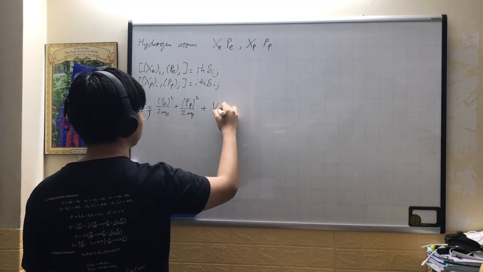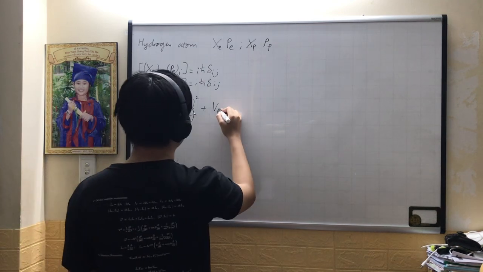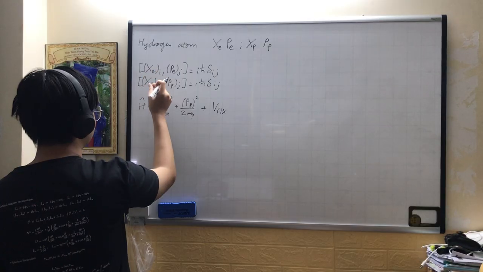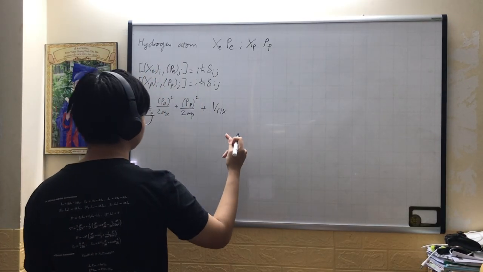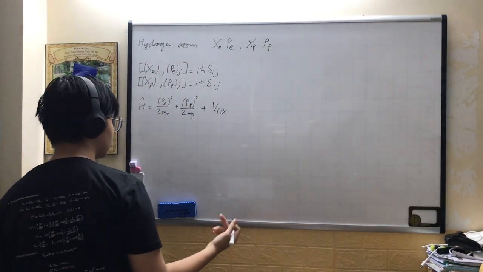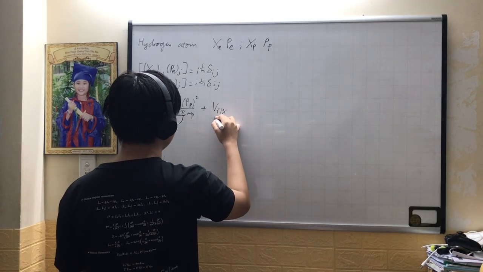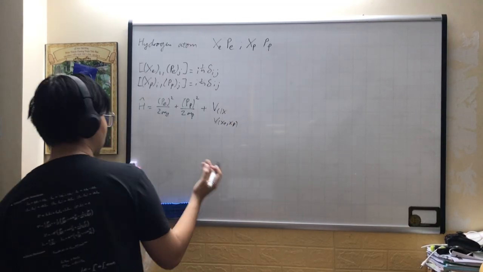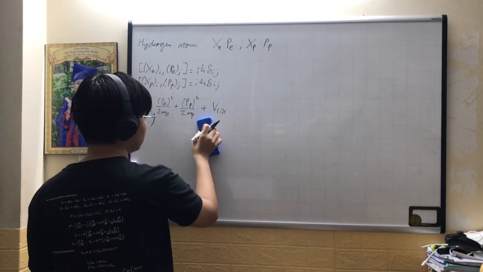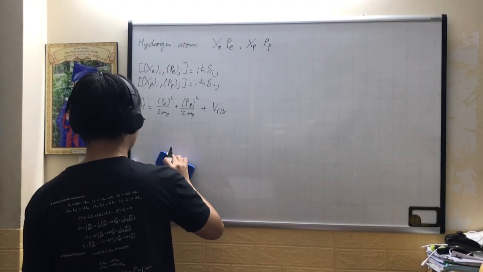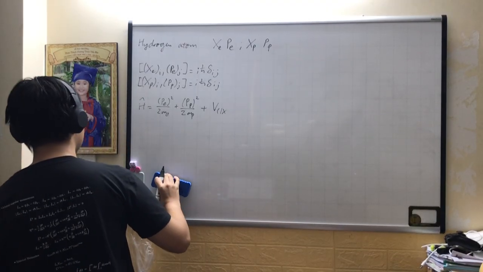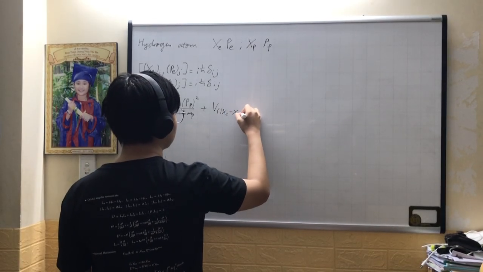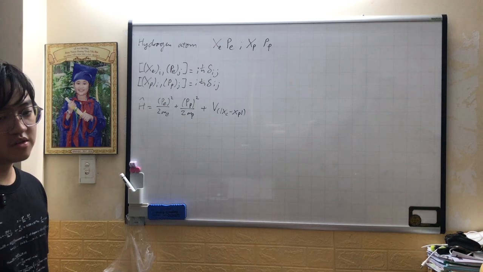In the V, you have to take the absolute distance between these two, instead of taking V of x_e and x_p. This is the thing I want you to remember, from part 1 or 2 of angular momentum. So x_e minus x_p would be your potential.